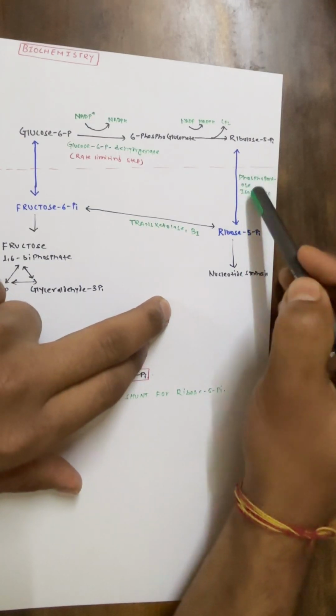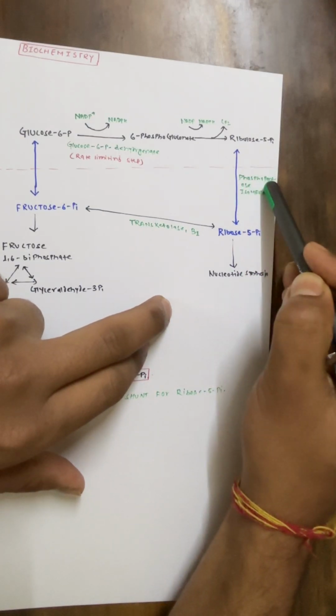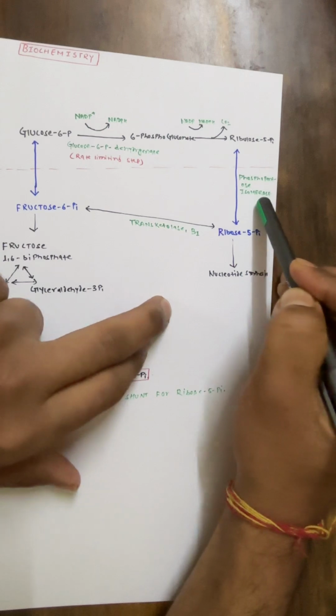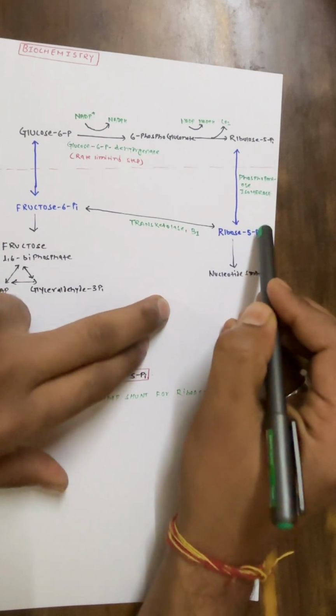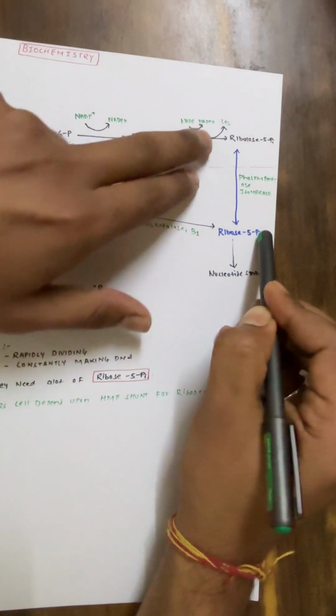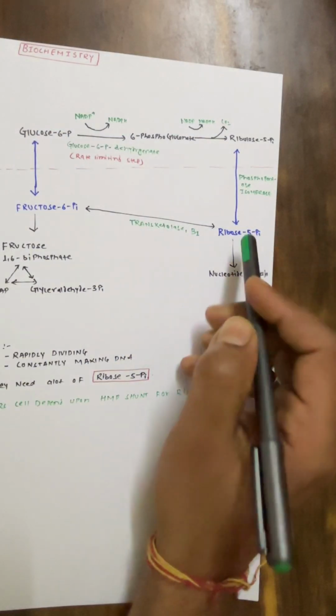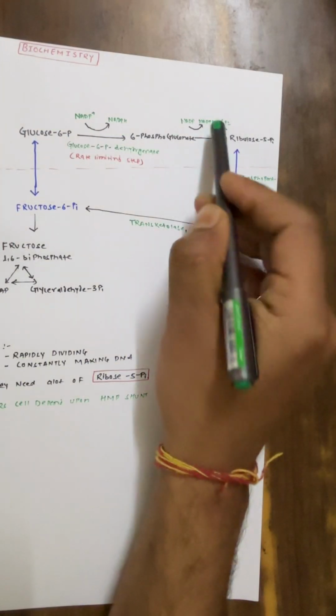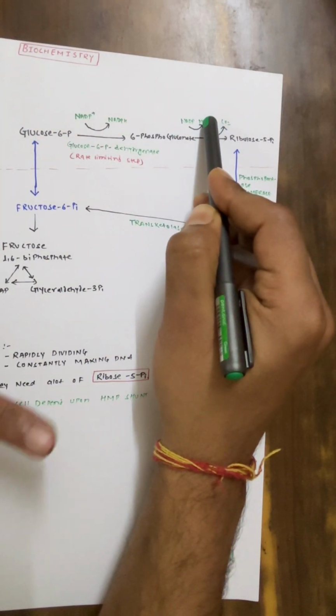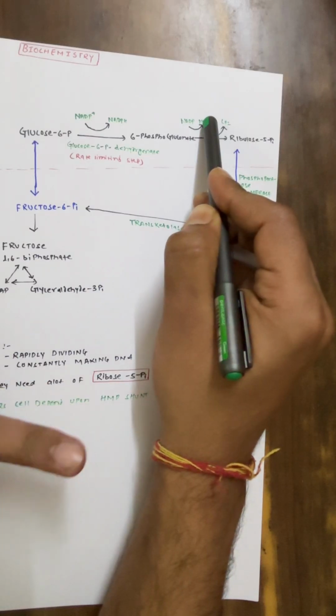The enzyme being used is phosphopentose isomerase. So the main things we are getting over here are ribose 5-phosphate and NADPH. This is important because this helps in nucleotide synthesis, and this helps to protect RBCs.